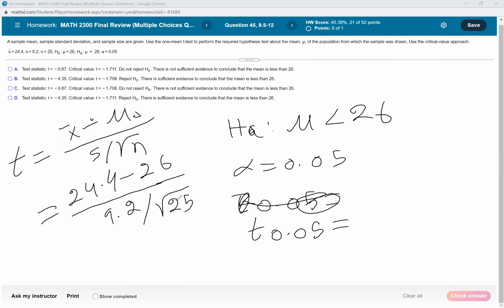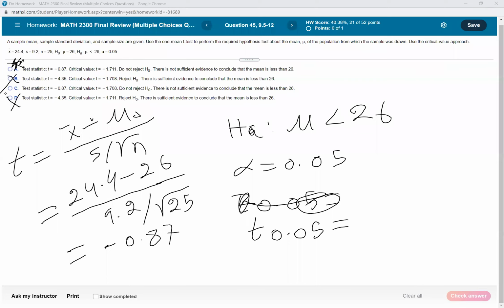Okay, if you simplify this, it will be 24.4 minus 26 divided by 9.2 over the square root of 25, which gives negative 0.87. So this is our test statistic. So this option is not correct, and this one is not correct either.